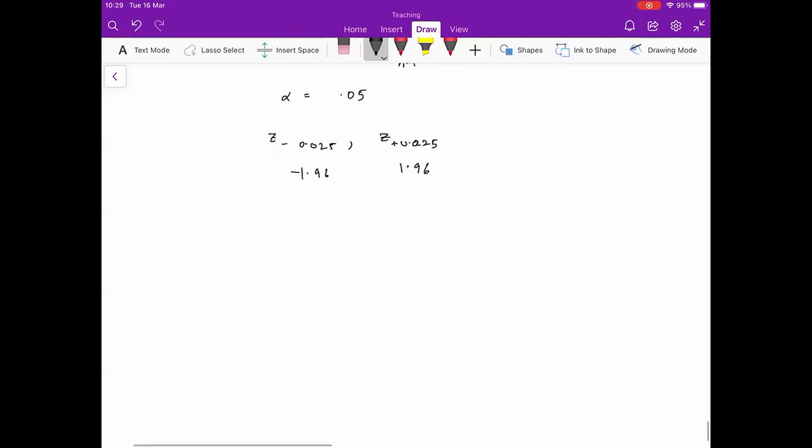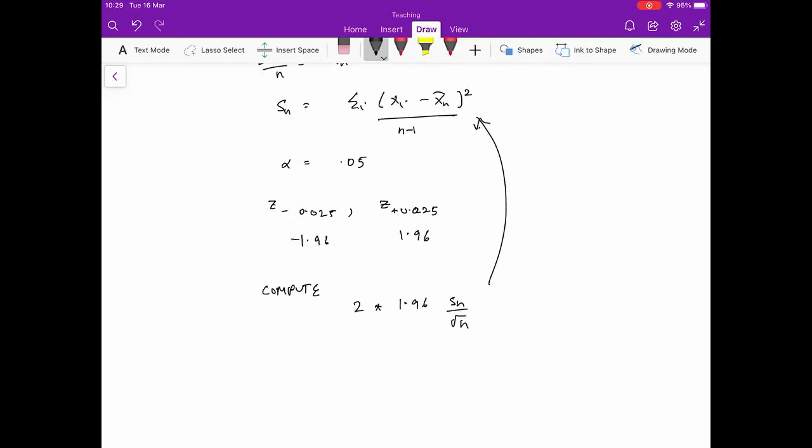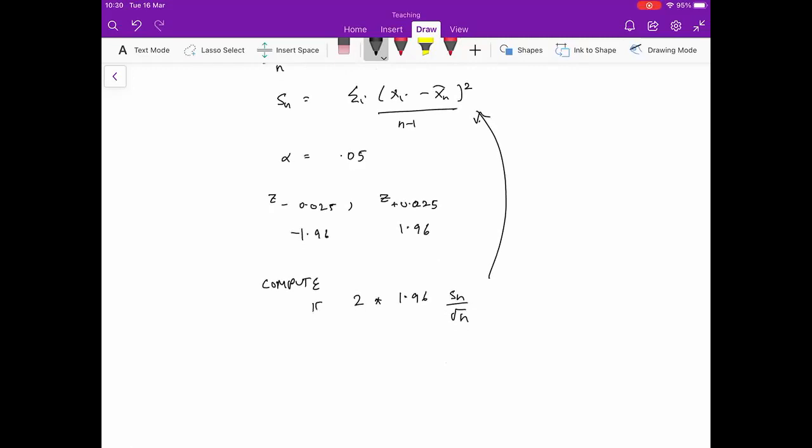And so the stopping rule basically says: compute the value twice, because we're doing it on either side, 1.96 Sn by square root n, where Sn is this value over here. And if this value is less than 20, then stop.